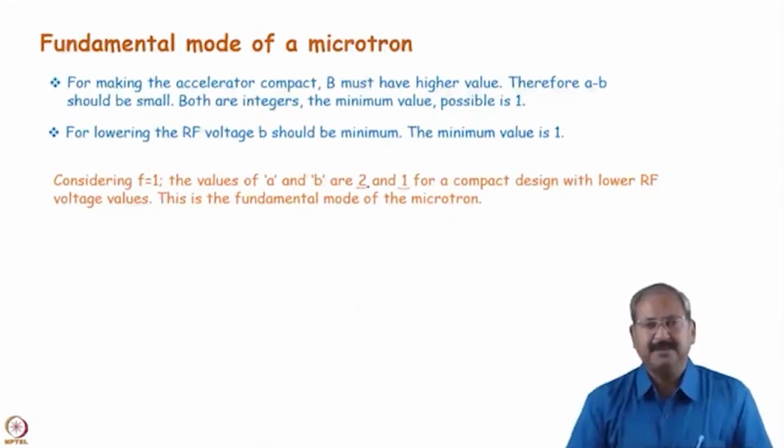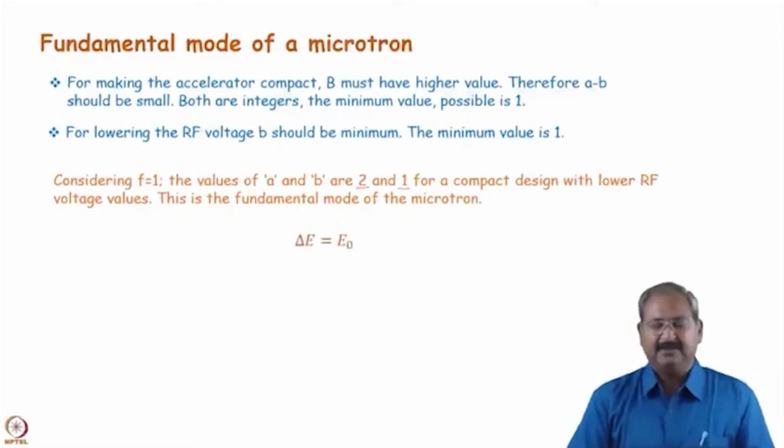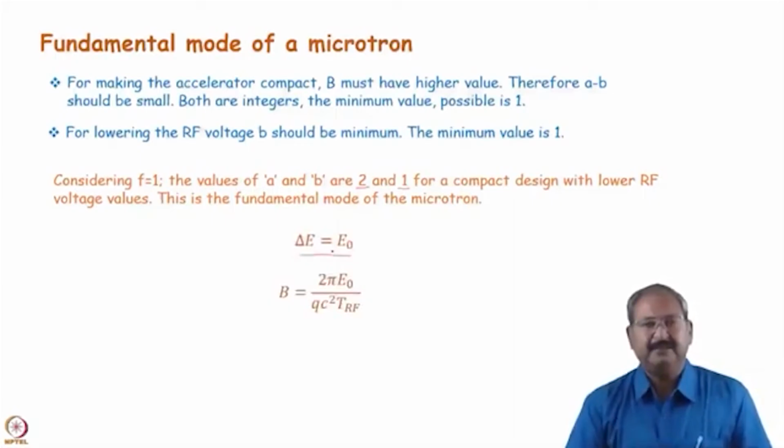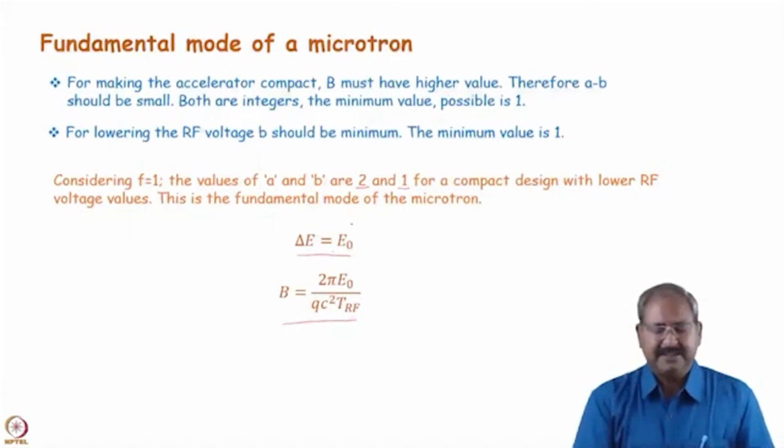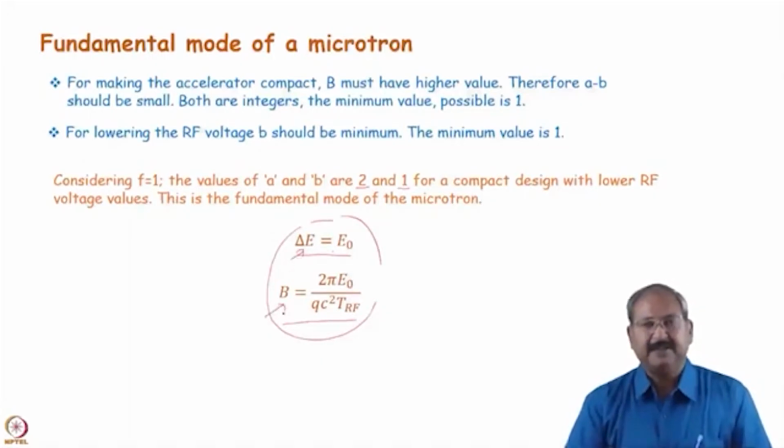If we choose these values, we can calculate what the magnetic field should be for making such a microtron and what the energy gain should be. For this energy gain, we have to apply the RF electric field, and this magnetic field has to be generated. If these are guaranteed, the microtron will operate successfully and we can accelerate the charged particle inside it.